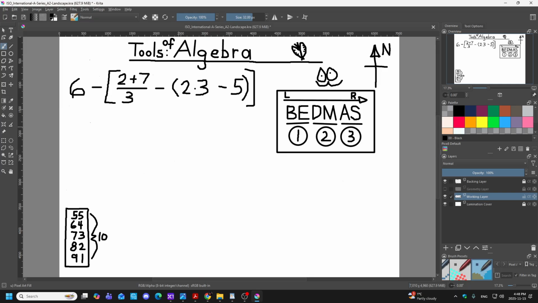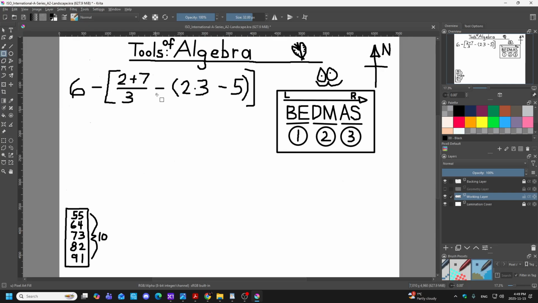Okay, let's look at the problem quickly. We can see we have a subtraction sign, so therefore that means we're going to have a left-hand side, and all of this is going to be our right-hand side. Again, subtraction is the very last step. So the left-hand side is just going to hang out. We're going to be working on the right-hand side.